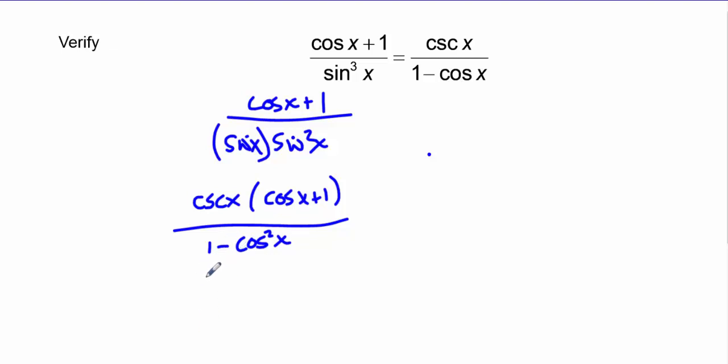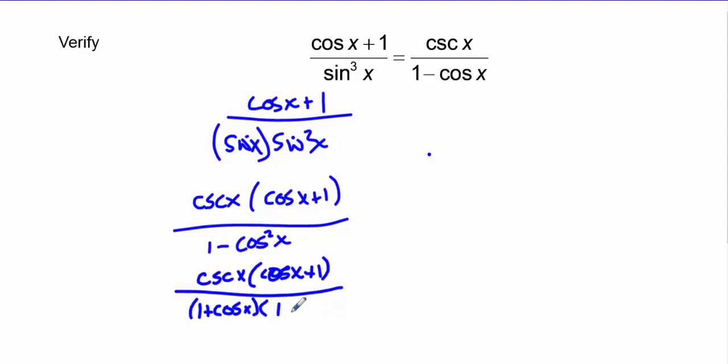I can factor into a difference of squares. So that's 1 plus cosine of x and 1 minus cosine of x. And any common terms get to reduce, and you'll notice I'm left with what I need. Cosecant of x over 1 minus cosine of x.